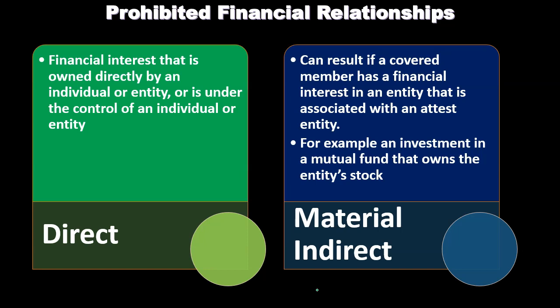So that's the way I would basically think about these two things. If you have a direct financial interest as a covered member in the organization that you are auditing, probably that's a problem. If you have a material indirect interest, that could be a problem as well. If you have just a mutual fund that has some investments in the organization as an immaterial indirect interest, then that may not be a problem with regard to independence.